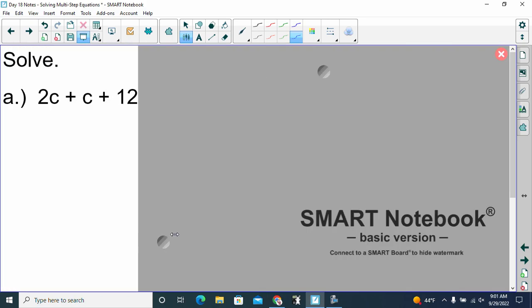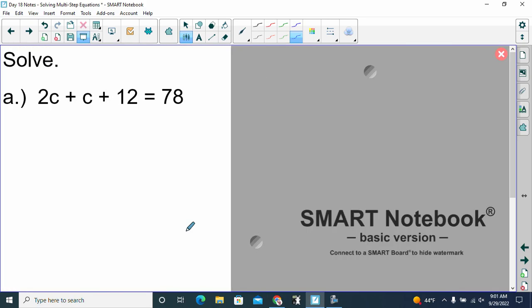So example 1 asks us to solve each of the following. In part A, we are given the equation 2c plus c plus 12 equals 78.